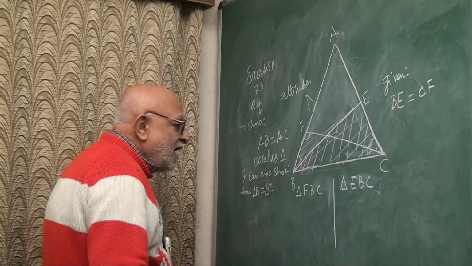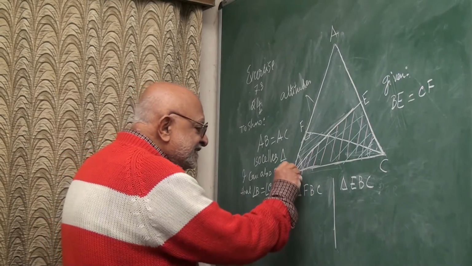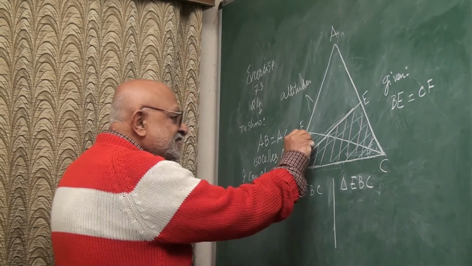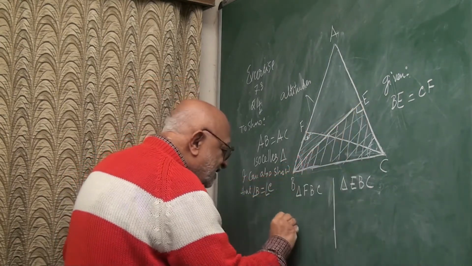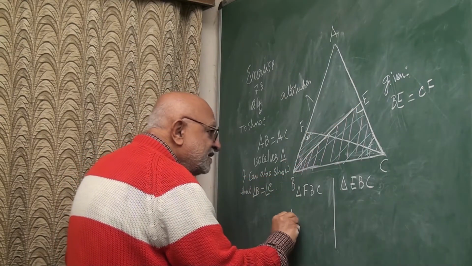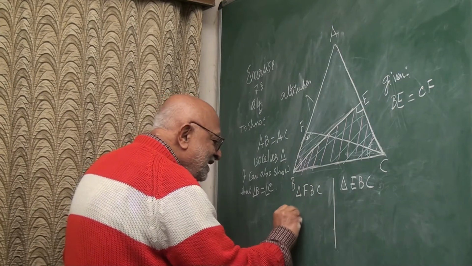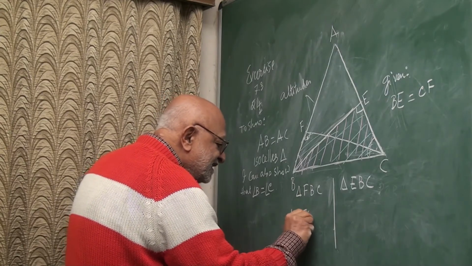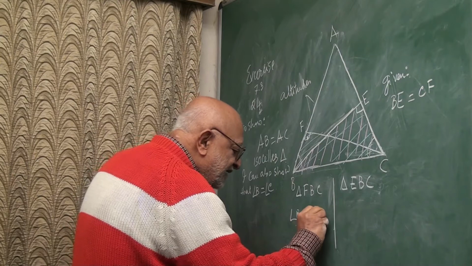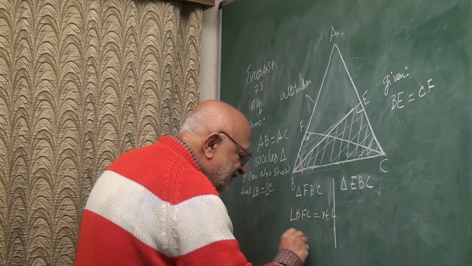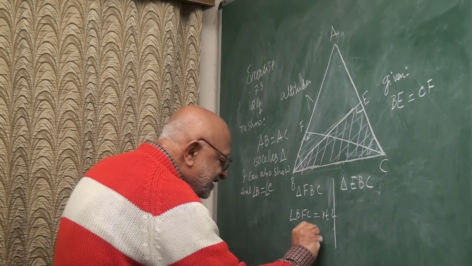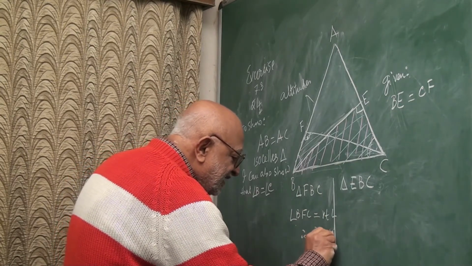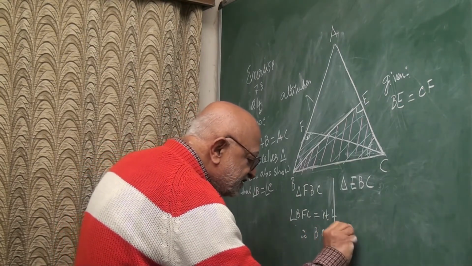Now you can always see this is a right angle triangle, this is also a right angle triangle. I can write angle BFC is equal to right angle. Therefore, in BFC, BC is hypotenuse.